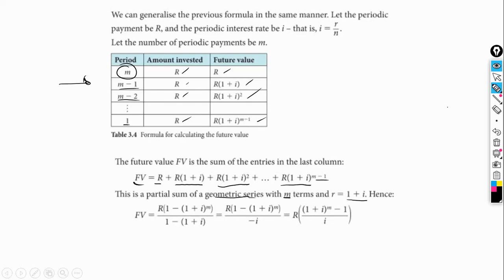So that means that we can summarize this as first term times 1 minus the ratio to the power of m over 1 minus the ratio. And then if we do the math here, notice that this is just going to be minus I in the bottom. And if we take out R as a common factor for the top, then we're going to get this expression that you see here.